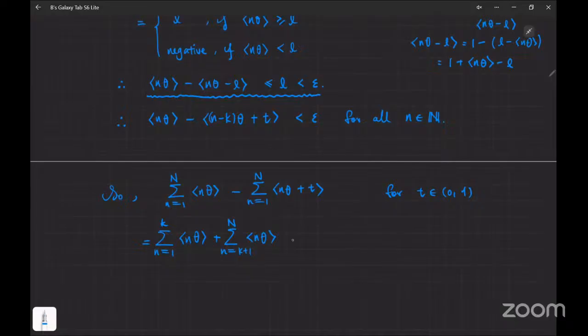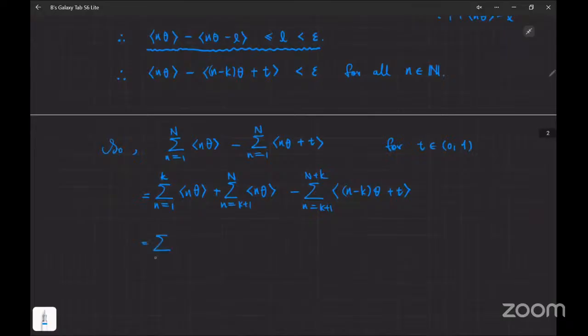And the second part, we're going to do something sneaky. We're going to change the index. I'm going to change the inside index from n to n minus k. Remember, k is that fixed choice that we made in relation to epsilon. If I drop n by k inside the bounds, I need to raise the bounds by k. So this is k plus 1 to N plus k. What's interesting now is I can combine the k plus 1 to N terms, which I will do.